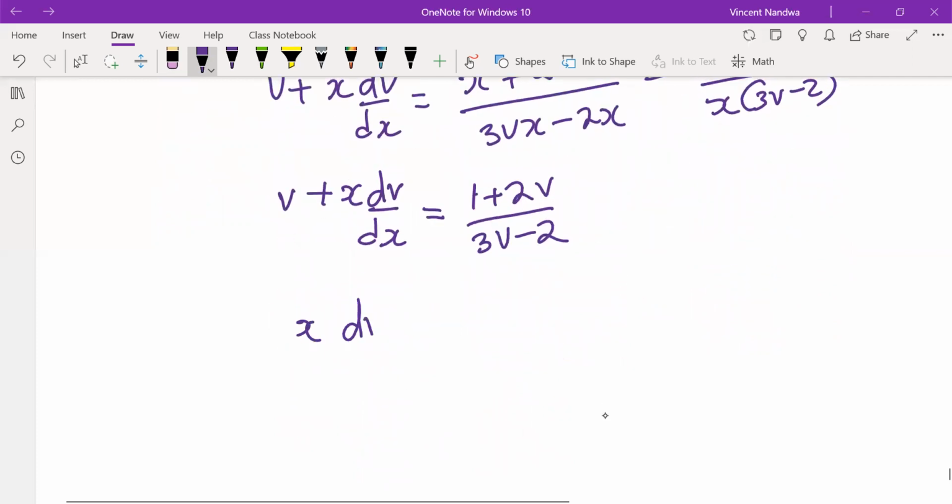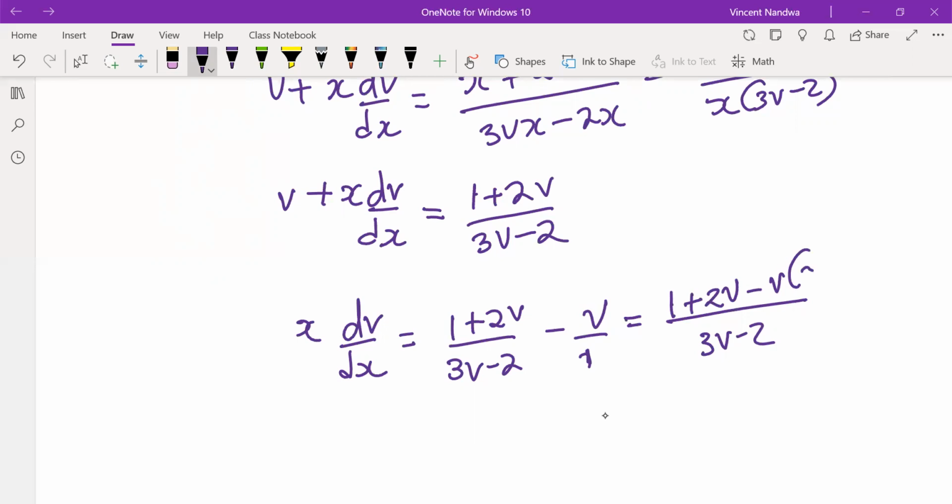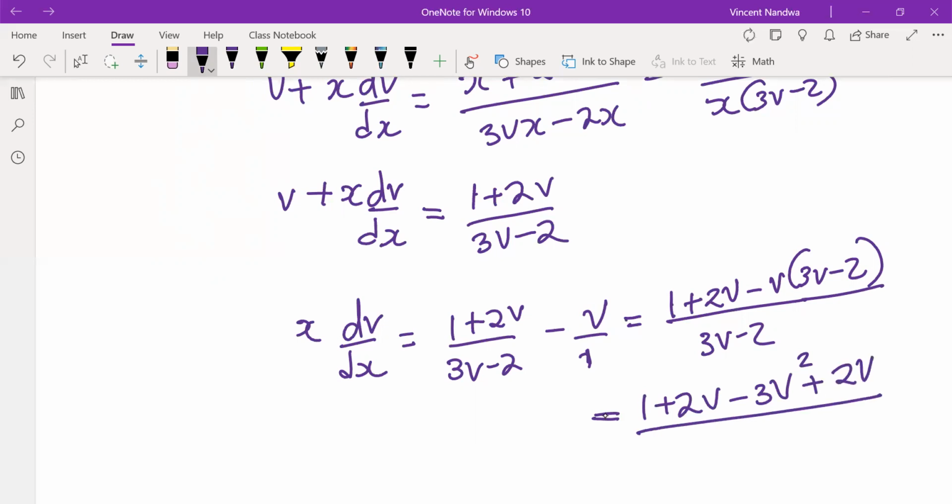So x dv/dx is (1 + 2v)/(3v - 2) minus v. Now you can put all the values over 3v - 2 to get (1 + 2v - v(3v - 2))/(3v - 2), which gives (1 + 2v - 3v² + 2v)/(3v - 2).